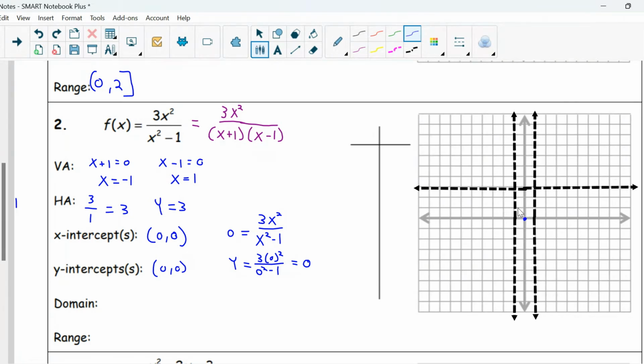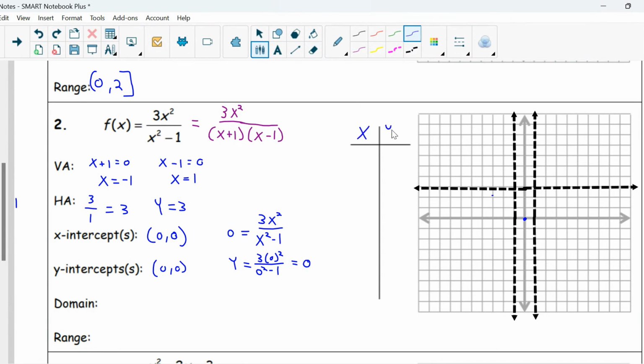All right, so now let's go ahead and create our table. For our table on this one, it's a little bit tricky because we do have a lot going on. I want to choose a couple values that are on the left side of my asymptote, a couple values that are inside my vertical asymptotes, and a couple values that are on my right side.